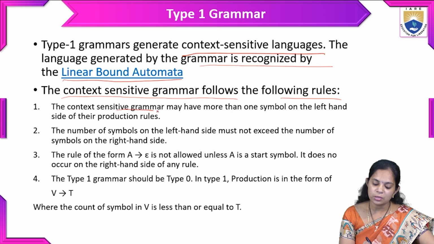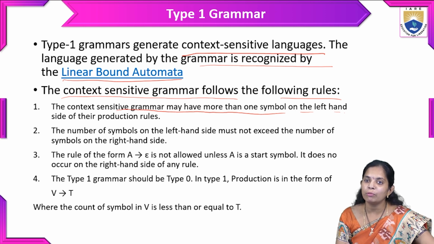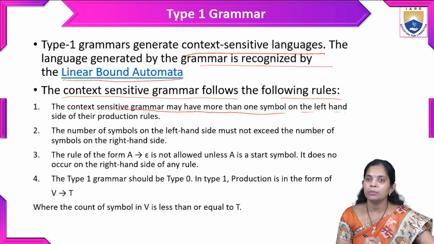The context sensitive grammar may have more than one symbol on the left hand side. In the previous type 0 grammar, at least one variable should be there.